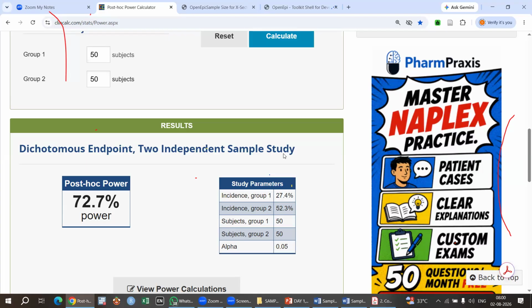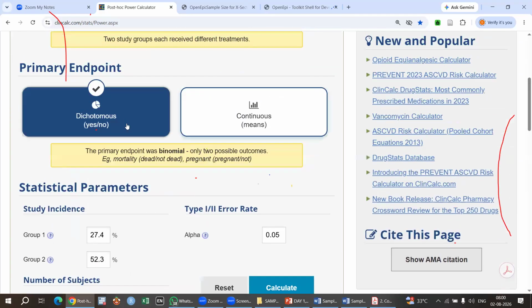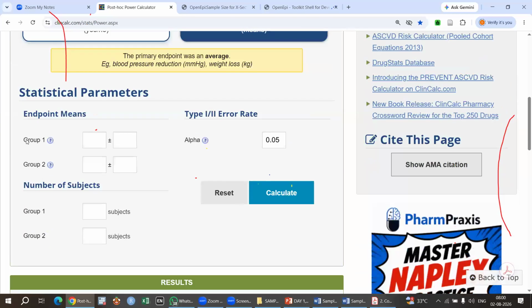So this is how to do post hoc power calculation for two groups when you have a dichotomous outcome. When you have continuous, please click this continuous and then please see this: group 1 mean and SD, group 2 mean and SD.